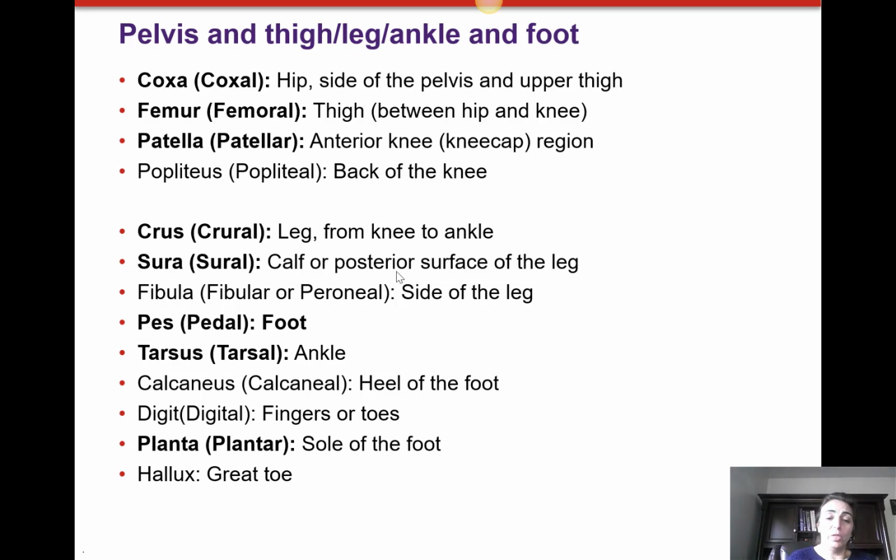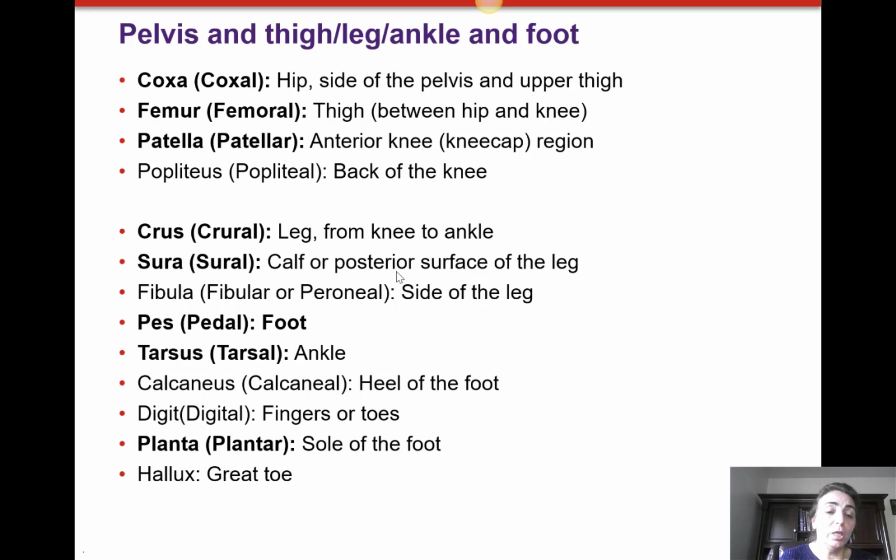Calcaneus, that refers to the heel of the foot, the area that puts the feet down over there. And calcaneal is an adjective for that. Later you will see that, for example, you have a tendon that you know by the famous name Achilles tendon, but in anatomical language we call it the calcaneal tendon because it's attaching to the calcaneus, to the heel.